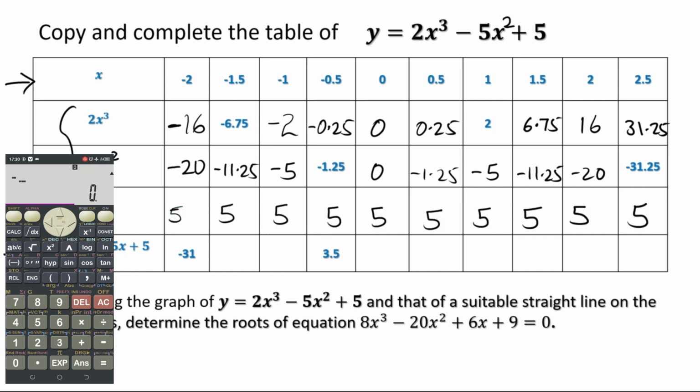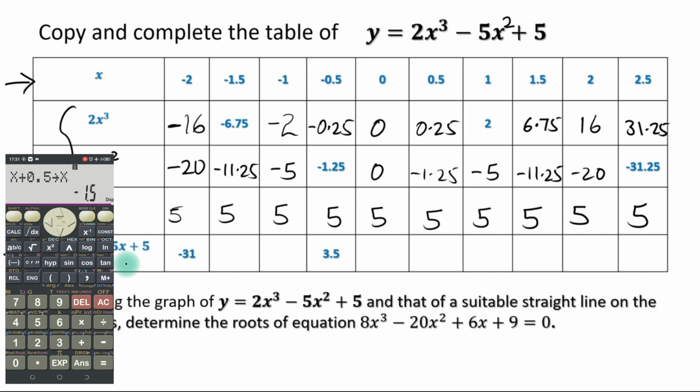So again, minus 3, shift RCL, closure bracket, then alpha, closure bracket, then plus 0.5, that is the interval, then shift RCL, closure bracket, then place the colon, then enter the whole equation: 2x cubed minus 5x squared plus 5. So press the equals sign. When x is minus 2, y is minus 21, already given.